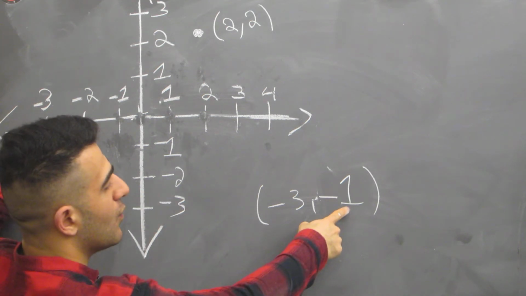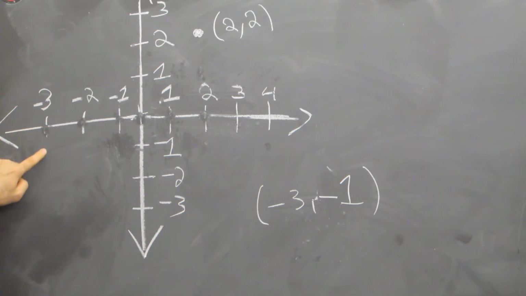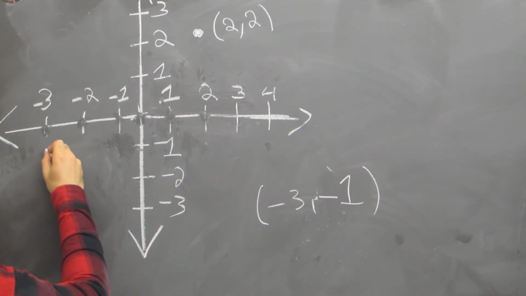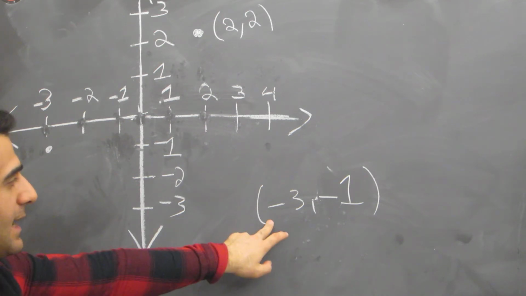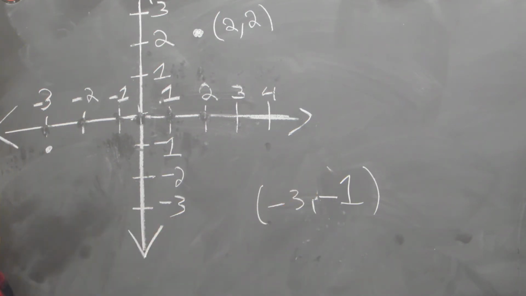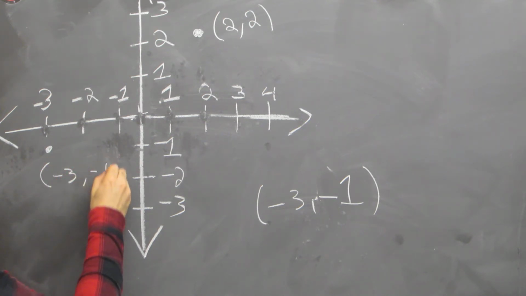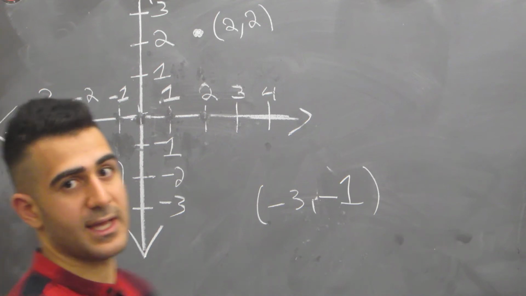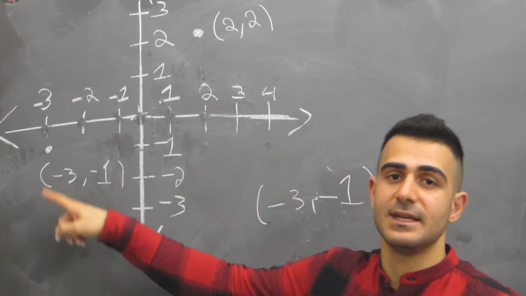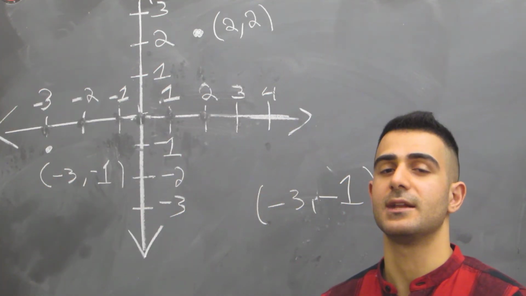So we have to take 1 step down. I remove my finger and draw a dot where my finger was. Once I've done that, I would use this to label where that point is. That point is at (-3, -1). So this way, someone can just quickly look and see that that point is at -3 and -1.